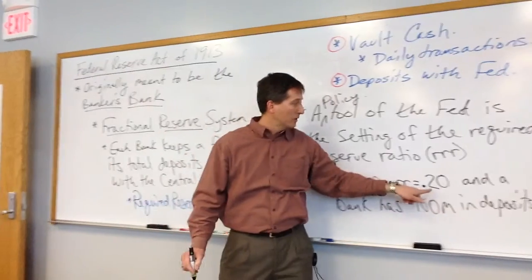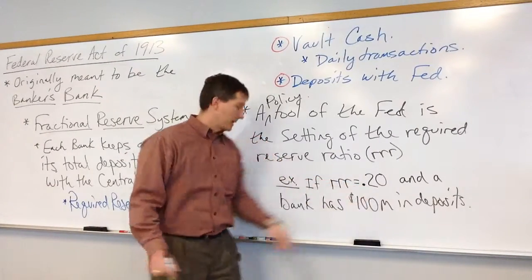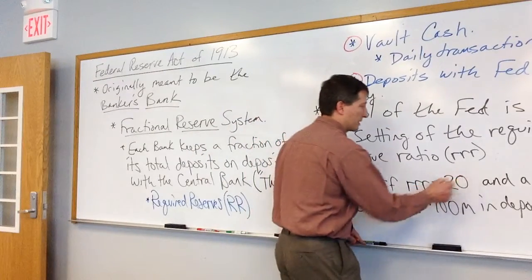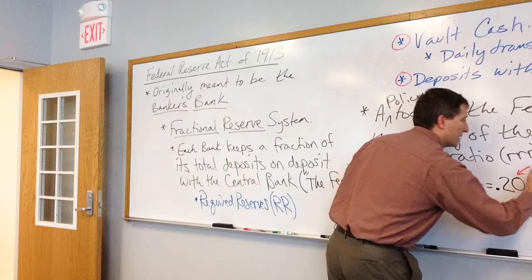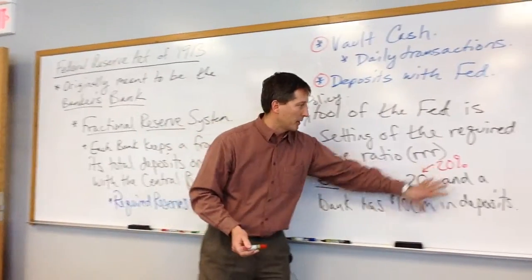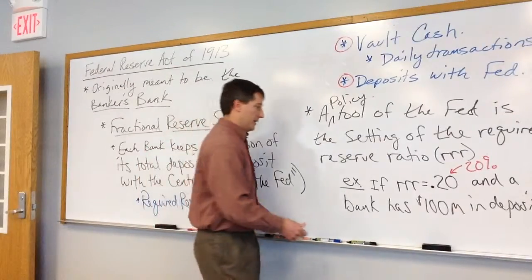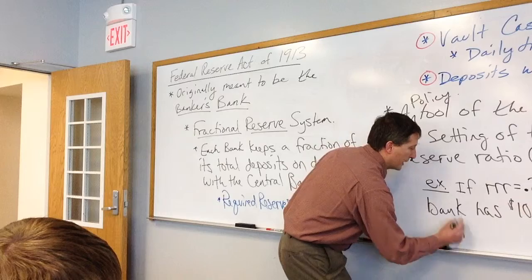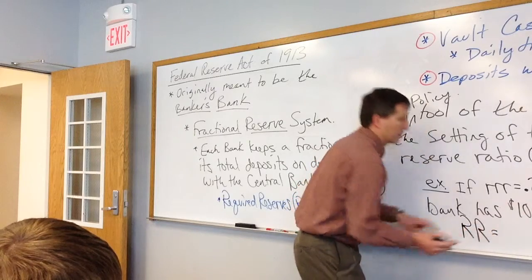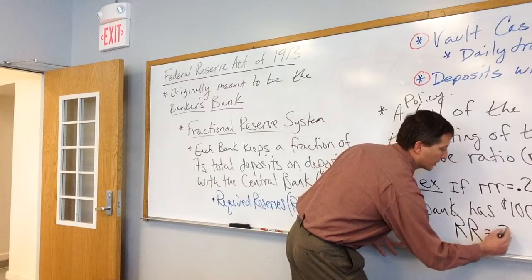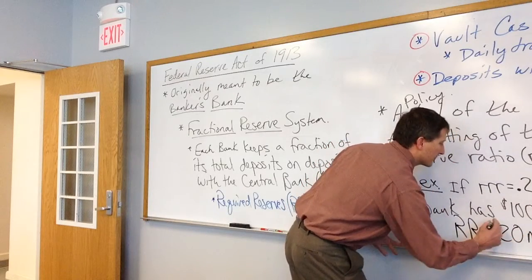So 0.2, you can think about this as being 20%. It's technically the reserve ratio, so we express it as the point, but you might want to just think to yourself, okay, it's 20%. 20% of the money has to be held back. So RR, big RR now, this particular bank with $100 million worth of deposits has to have required reserves of 20 million bucks.